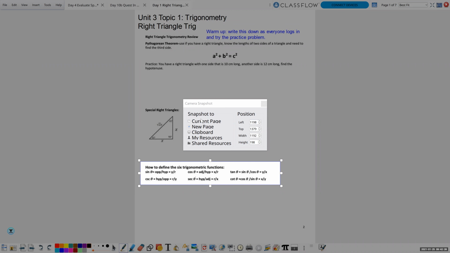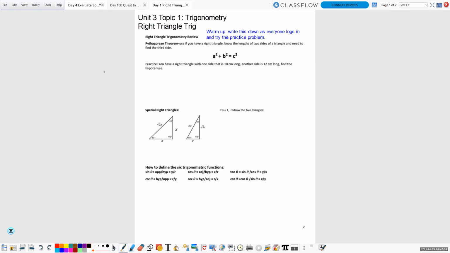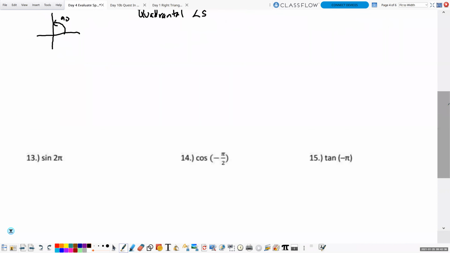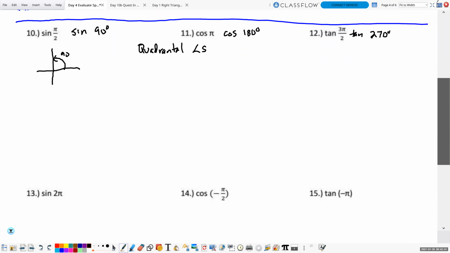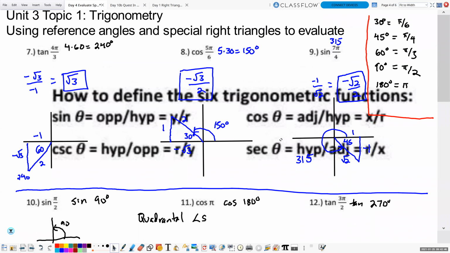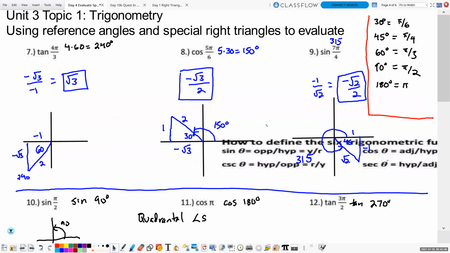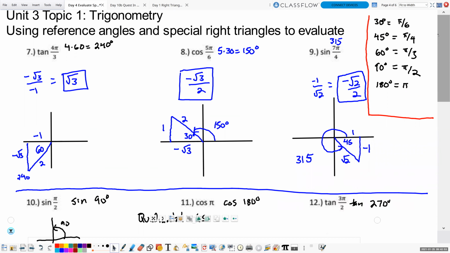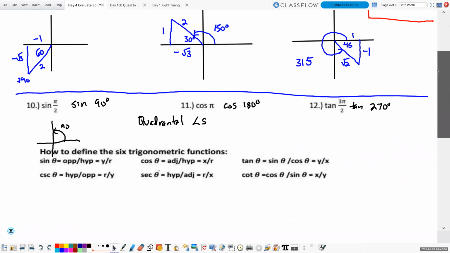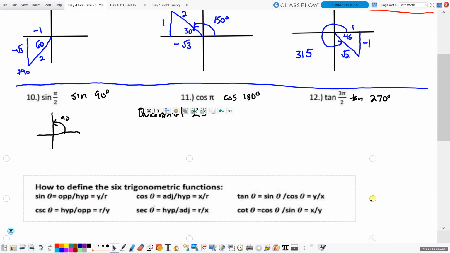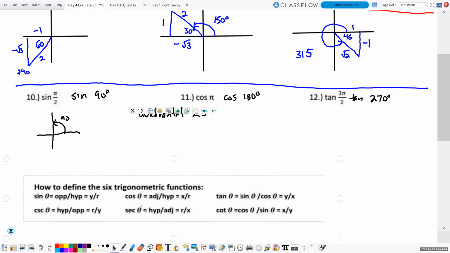We're going to use that. If you don't have your packet yet, or you didn't order one, go ahead and screenshot this now or write it down.